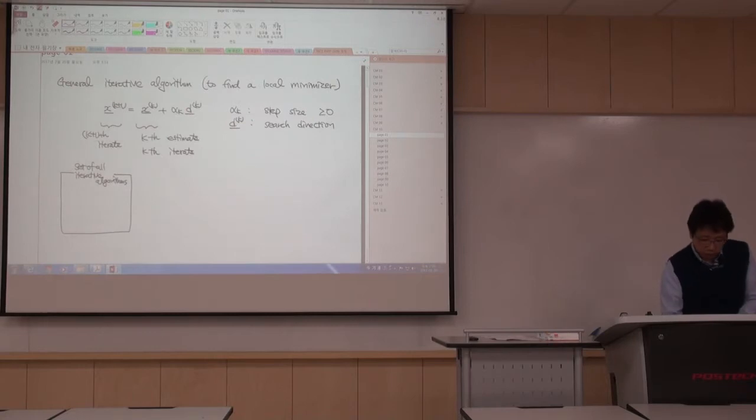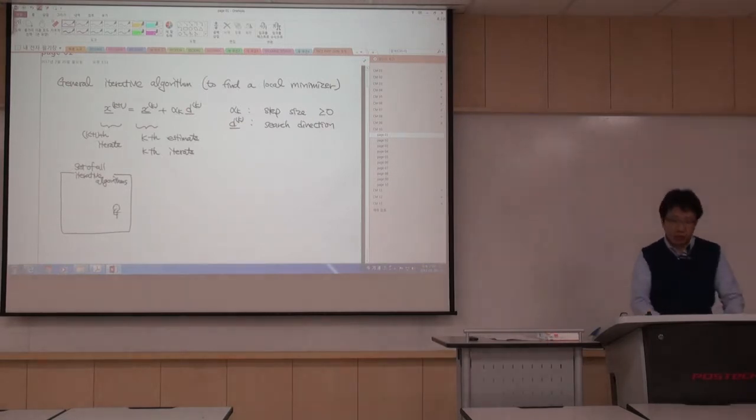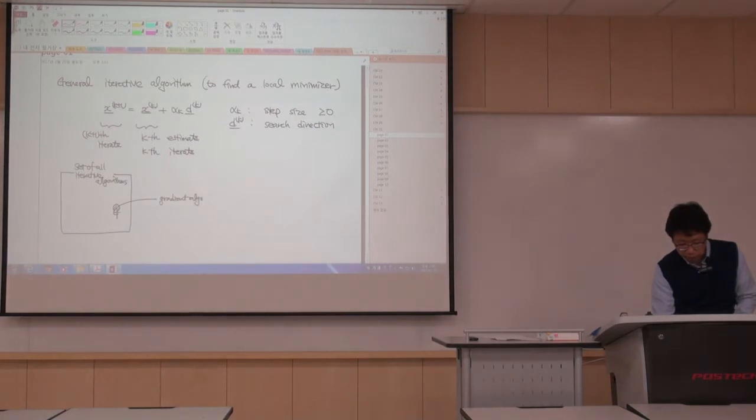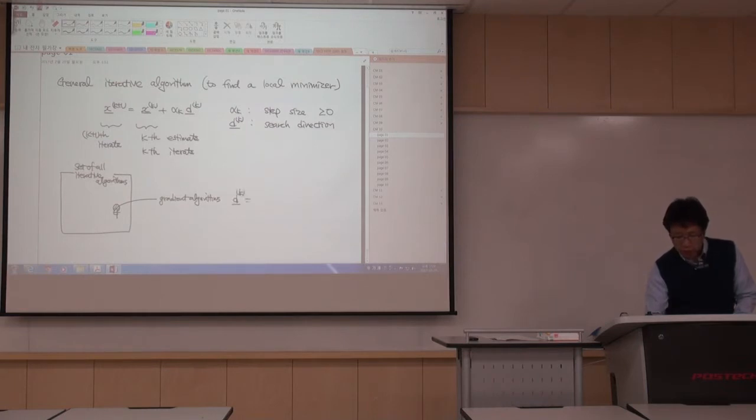Then there's a very small set, say G, which contains all gradient algorithms or gradient methods, where our kth search direction is what? The negative gradient of the objective function at the kth iterate.